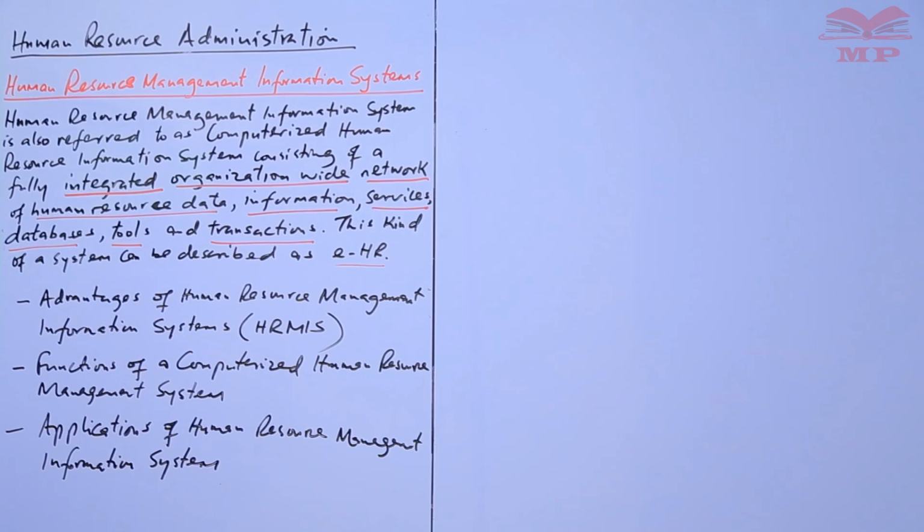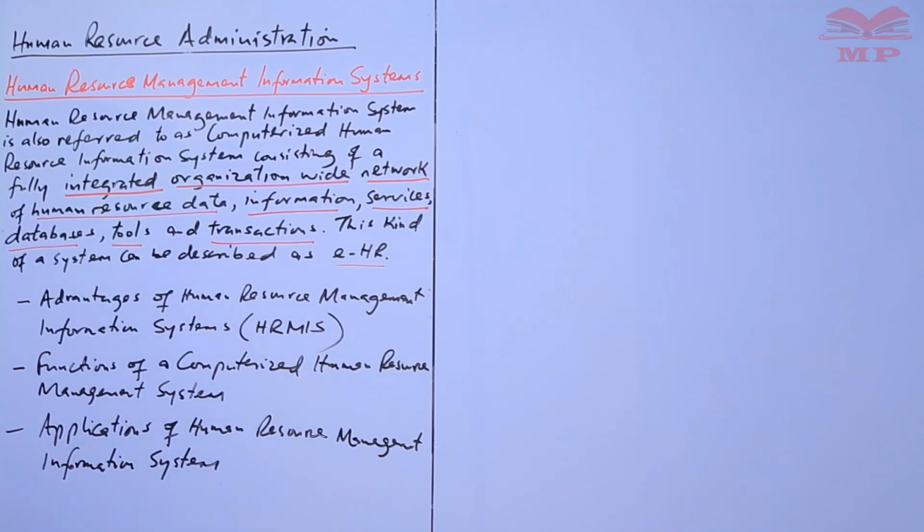So learner, Human Resource Management Information System may also be referred to as Computerized Human Resource Information System that consists of a fully integrated organization-wide network that brings together human resource data, information, services, databases, tools, and transactions, and this is described as EHR.